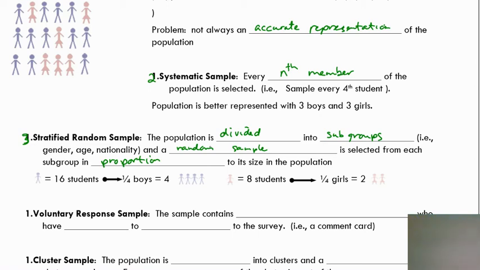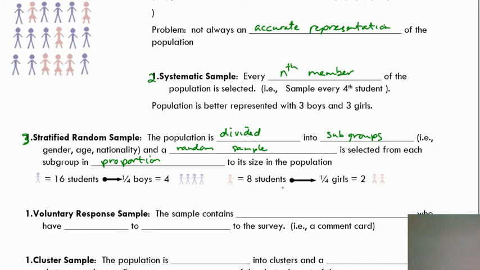So let's just recap that. The population is divided into 2 subgroups, and a random sample is selected from each of the subgroups in proportion to its size of population. So if you had 16 students, a quarter of them were boys, you would need 4 boys.